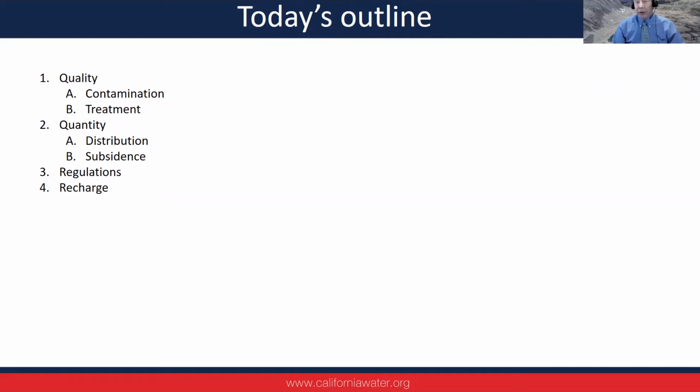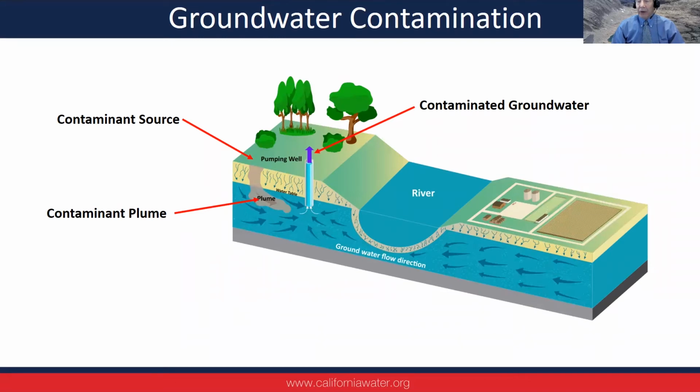Thanks, Laura. Good morning to everyone, and thank you for coming again today to hear our presentation. So groundwater contamination is a problem in the San Joaquin Valley. For most of us who use groundwater as our sole source for drinking water, we must contend with it all the time.